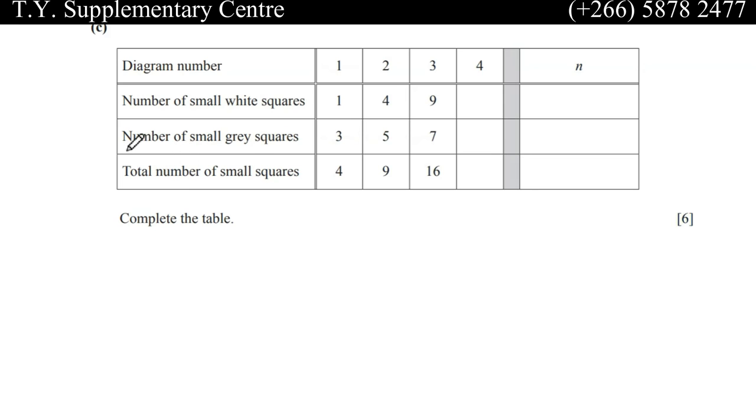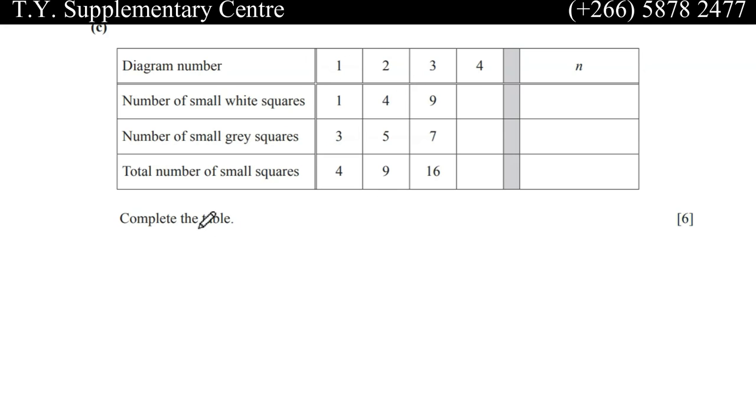And then the third row shows the number of small gray squares. In the first diagram you have 3 gray squares, in the second diagram you have 5 gray squares, and in the third diagram you have 7 gray squares. The fourth row shows the total number of small squares, that is the total number of white squares plus the total number of gray squares for each of these diagrams.